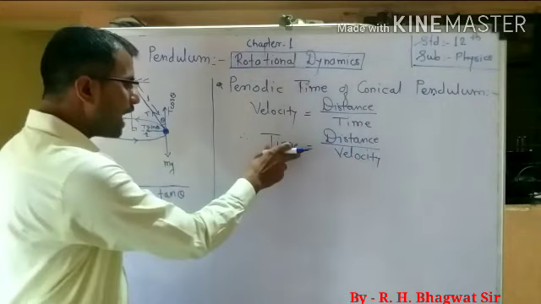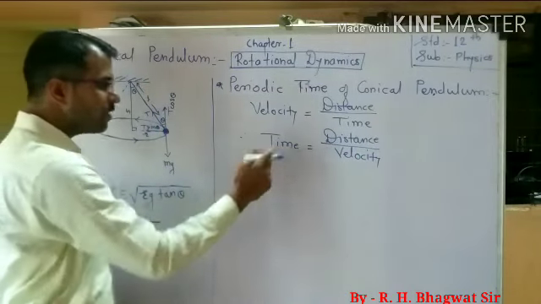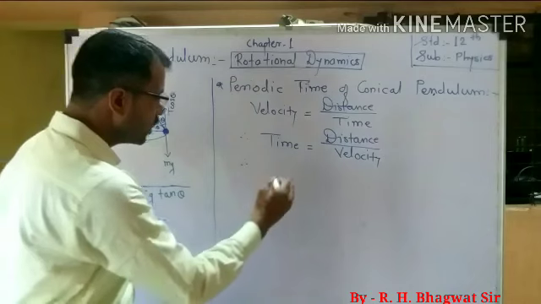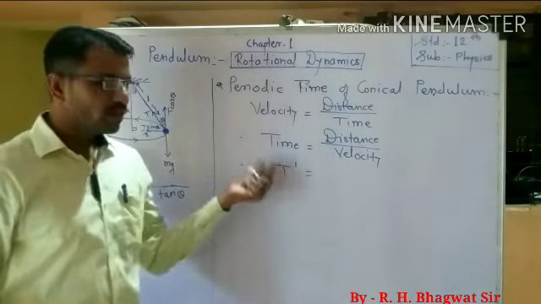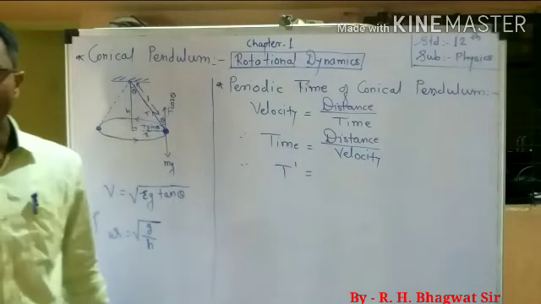The time for this conical pendulum is its periodic time, denoted by T prime, because by capital T we have denoted the tension in the string.